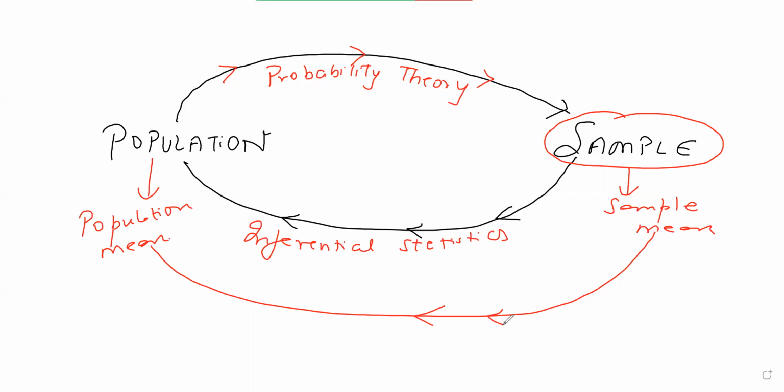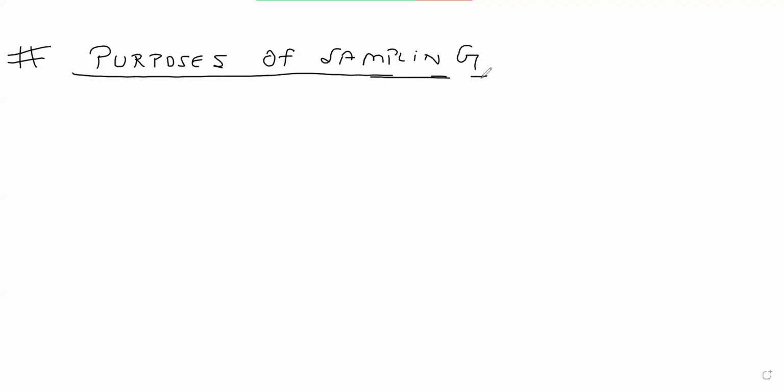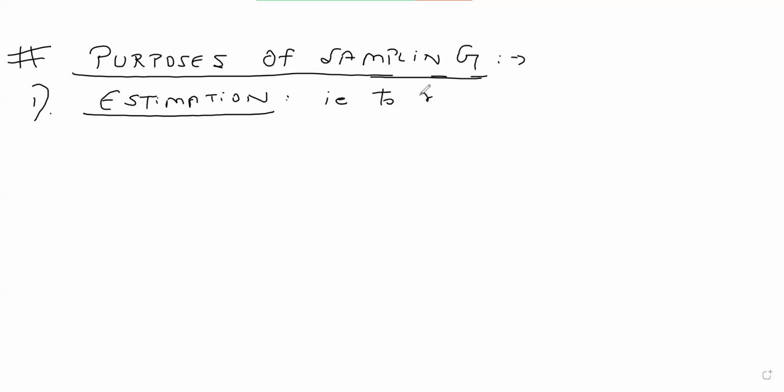So I can now write what is the purpose of sampling. Although we have done it orally, we have understood it orally, but let's quickly write a note. What is the purpose of sampling? There are two purposes of sampling. The first one is estimation, that is to make an estimate of some population characteristic.